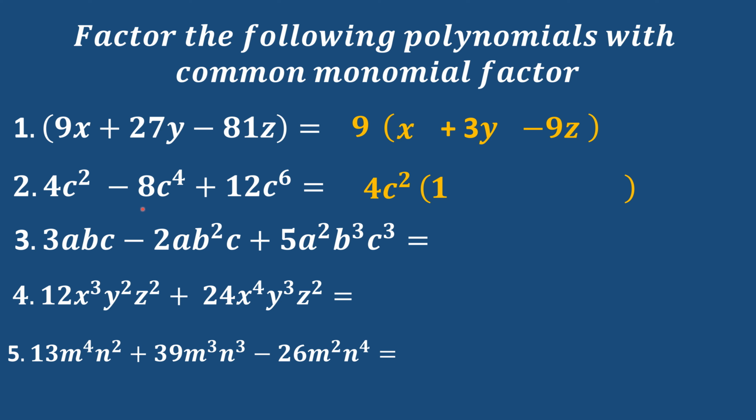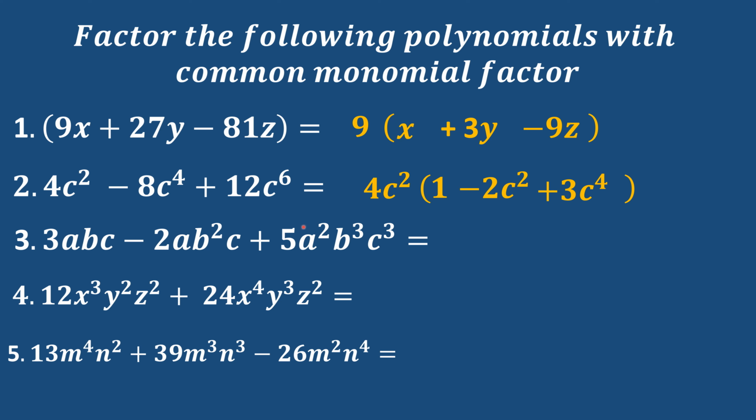And negative 8c to the 4 divided by 4c squared will give us negative 2c squared, while 12c to the 6 divided by the common monomial 4c squared will give us 3c to the 4. Again, if we multiply them back, or if we distribute our common monomial factor to the three terms inside the parentheses, we'll be getting the given.